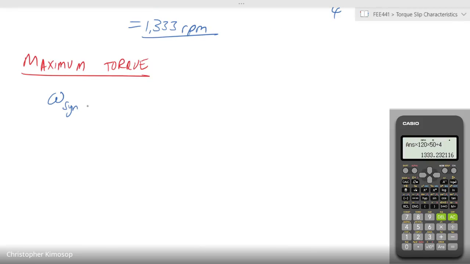Omega sync is equal to 2 pi Ns over 60, converting from rotational to angular.